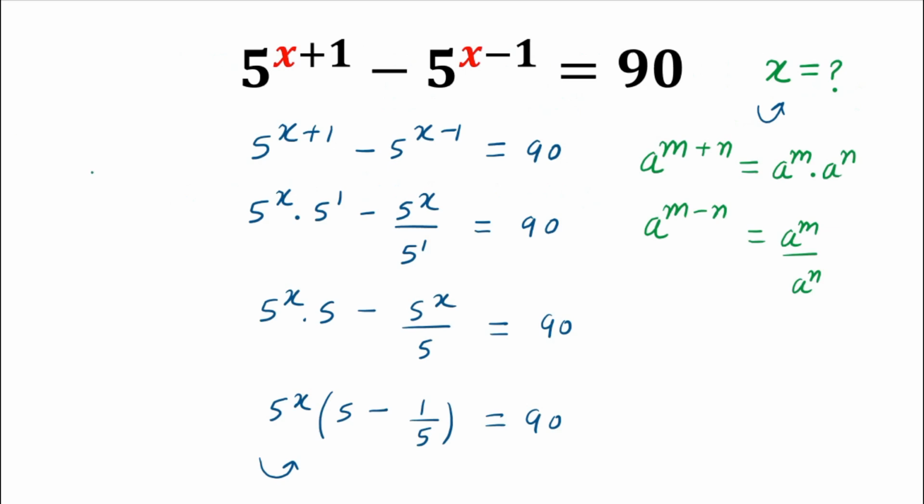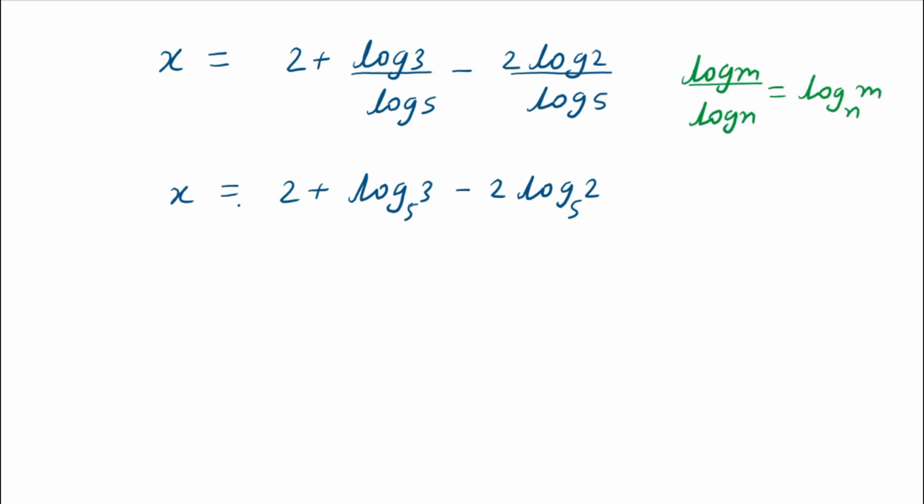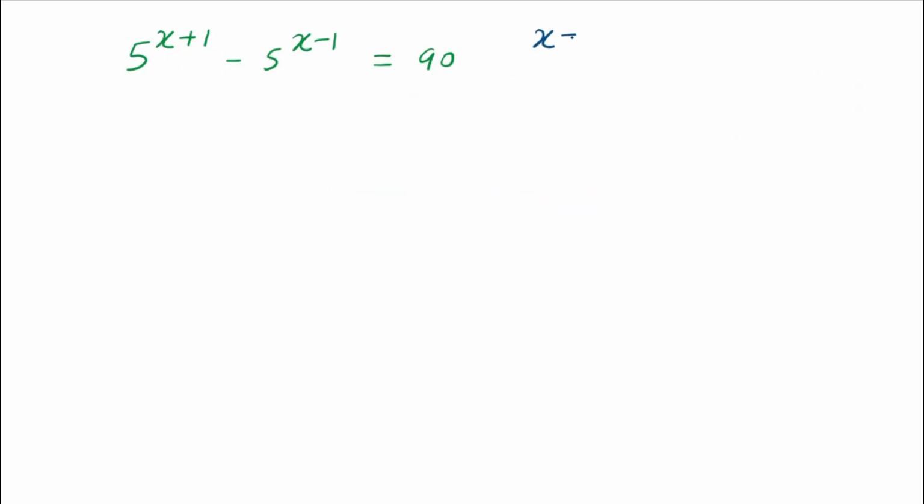The given exponential equation is 5 power x plus 1 minus 5 power x minus 1 is equal to 90. And here x is equal to 2 plus log 3 with base 5 minus 2 times log 2 with base 5.